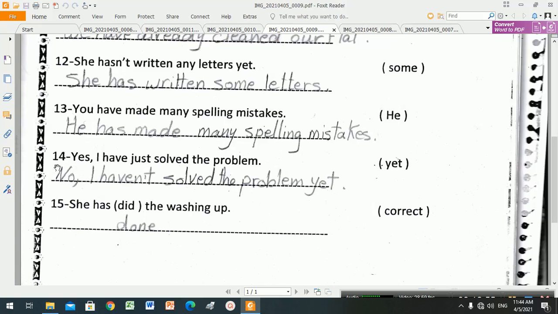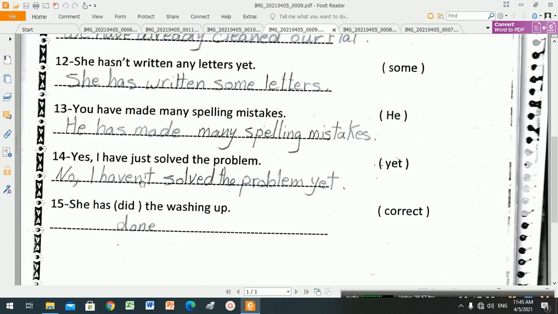Okay, number 14. Yes, I have just solved the problem. And between brackets, yet. Yet comes with what? With the negative. So we will change this sentence into negative. Cross out yes, or remove yes and change it into no. Here I have, it will be I haven't.